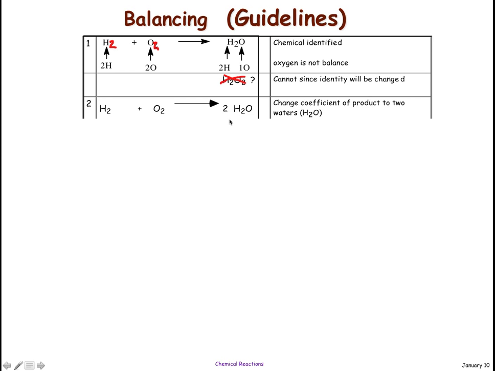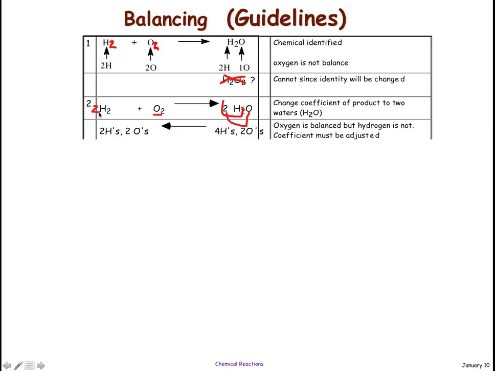So how do we proceed? We go ahead and realize that, okay, if I put 2 in front of that, that takes care of my oxygen. I now have 2 oxygens. Okay, but of course my hydrogen's messed up because I have 4 hydrogens and I only have 2 here. So the way you remedy that is, of course, you put a 2 right there.